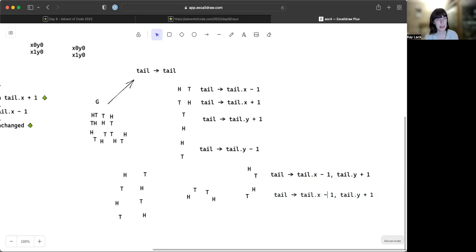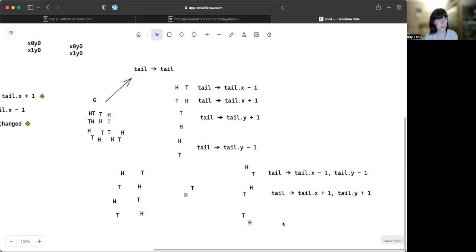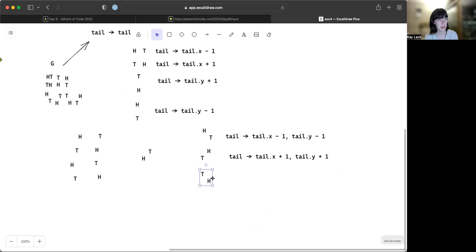This one will be tail x plus 1, tail y. No, wait, this is minus 1. Tail x minus 1, tail y minus 1. Tail x plus 1, tail y plus 1. Tail x plus 1, tail y minus 1.